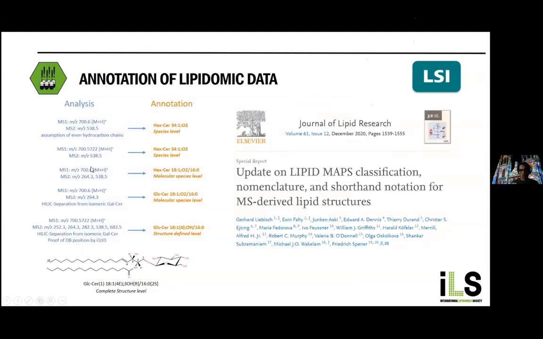So you heard already, and I'm really delighted to see that Bruker is applying that type of nomenclature. So it's highly recommended that we have a common language which reflects here the hierarchical level. So we can really recommend that to you to use this kind of nomenclature to annotate your data.